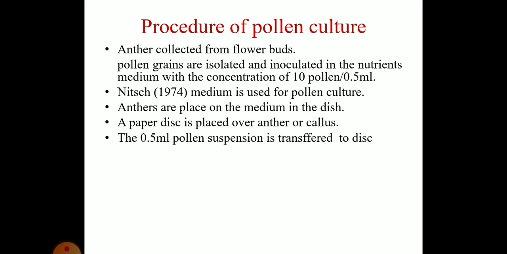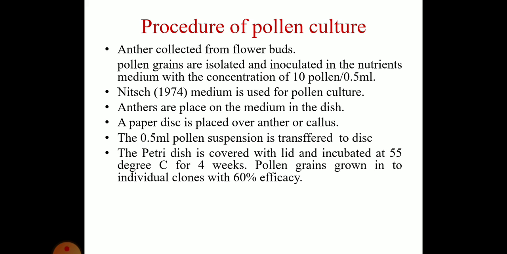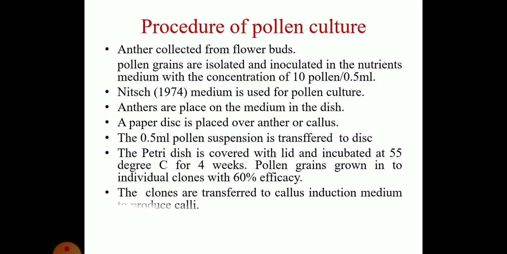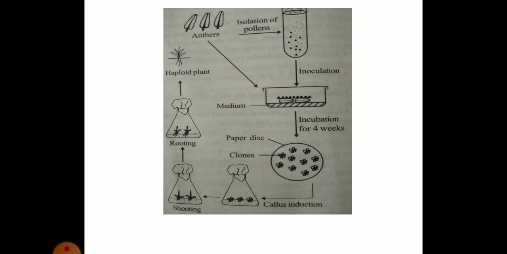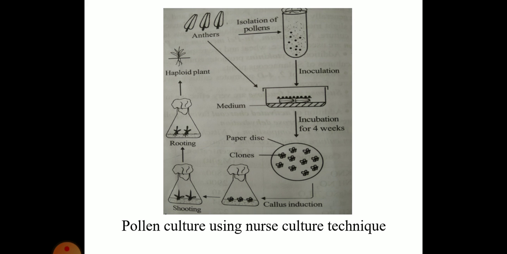After that, pollen grain clones develop, and these clones are transferred to callus inducing media. Then this callus is transferred to the rooting and shooting medium to develop root and shoot and produce the whole plantlet. This is the diagrammatic view of pollen culture using the nurse culture technique.